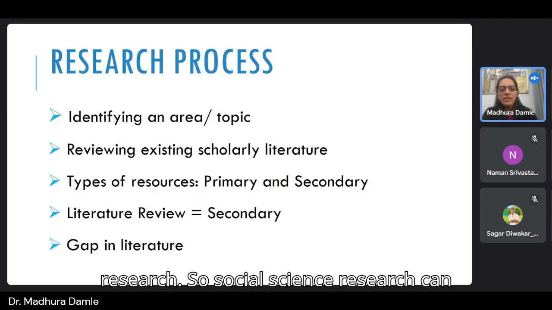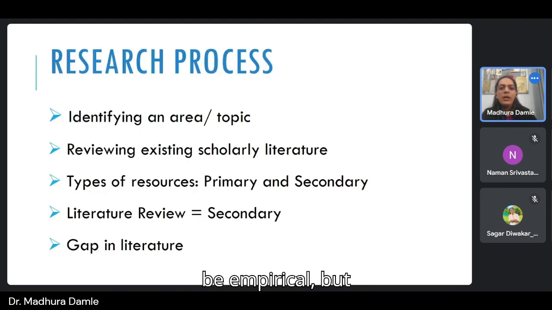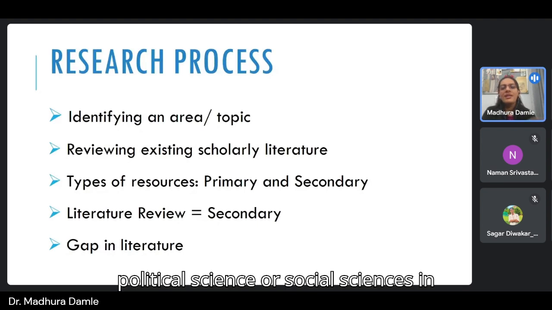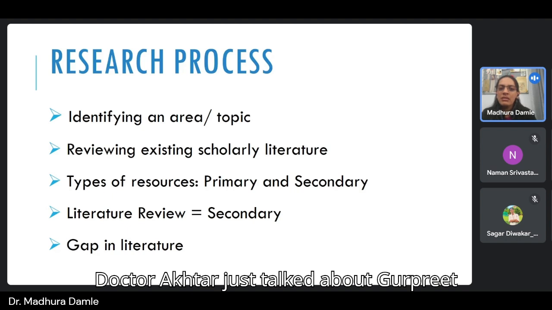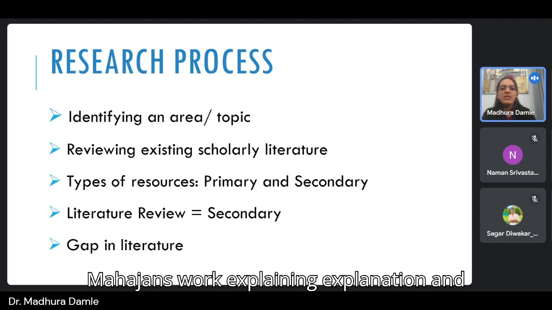So social science research can be empirical, but political science or social sciences in general are not just empirical or behavioral. Some of our research and the research in humanities is also interpretative. So Dr. Akhtar just talked about Gurpreet Mahajan's work, explanation and understanding.